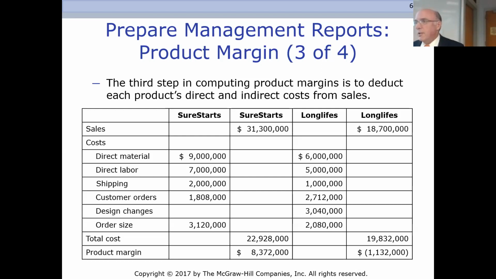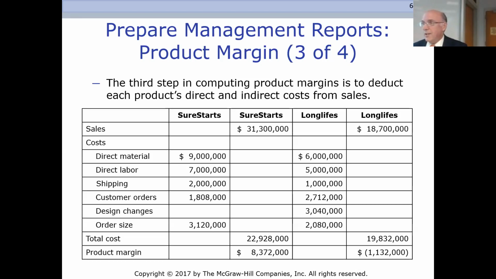Or maybe the people who buy Long Lifes will also buy something else that's tied in with Long Lifes. So you might lose $1,132,000 on that, but you may make 3 or 4 or 10 million on the other product if they buy Long Lifes and something else. So the point I'm trying to make is just because Long Lifes is losing money doesn't necessarily mean you should discontinue that product.